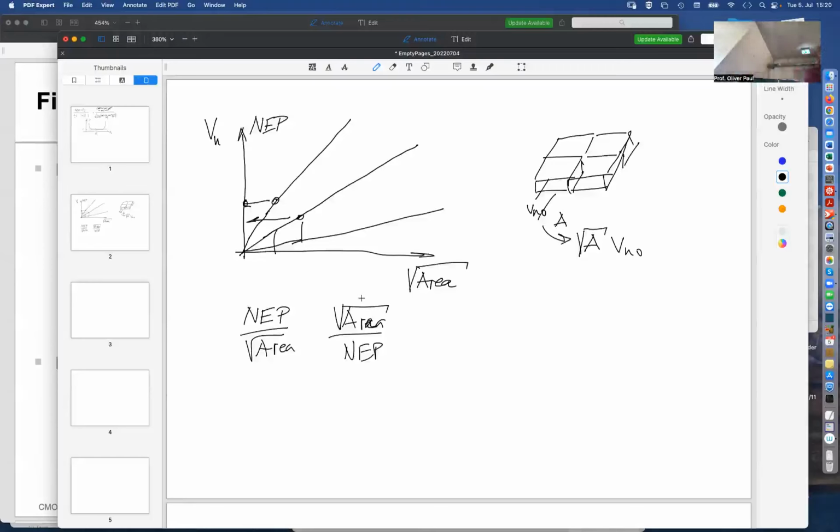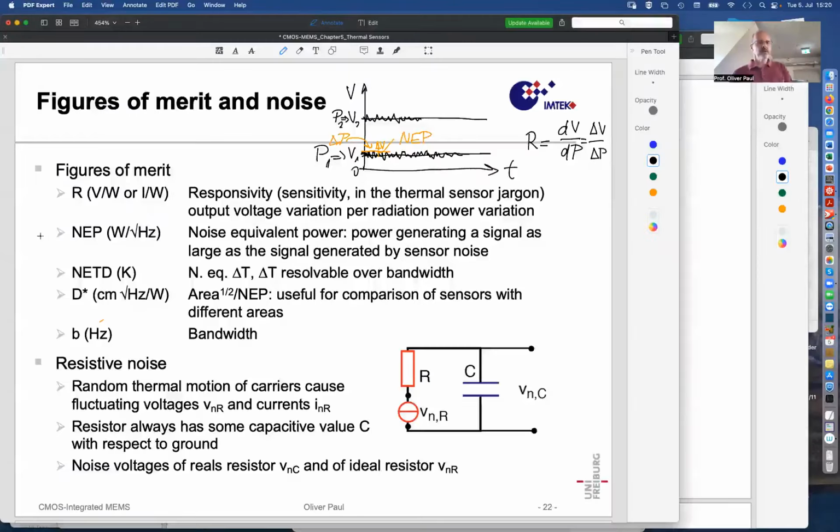Then the guy who has a smaller detector can say, yes, but if my detector was as large as yours, my noise equivalent power would be really lower than yours. It sounds like kindergarten, but sometimes it's a bit like that. And with the detectivity, you don't have these discussions.